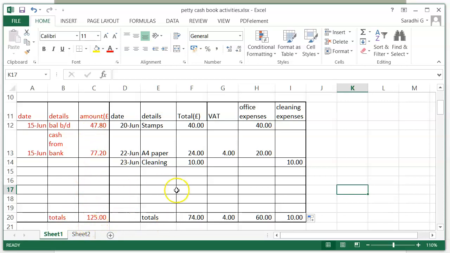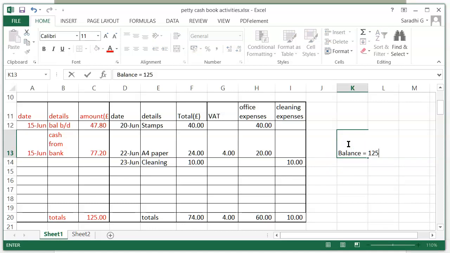Out of that 125 pounds, you spent 74 pounds already. So let's calculate the balance. The balance is 125 minus 74, which is going to be 51 pounds. So out of 125 pounds, you spent 74 pounds already, and a balance of 51 pounds is still remaining.